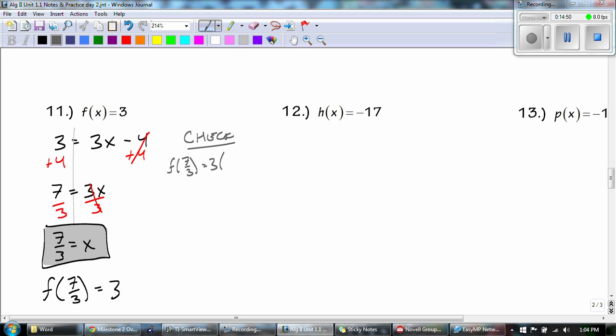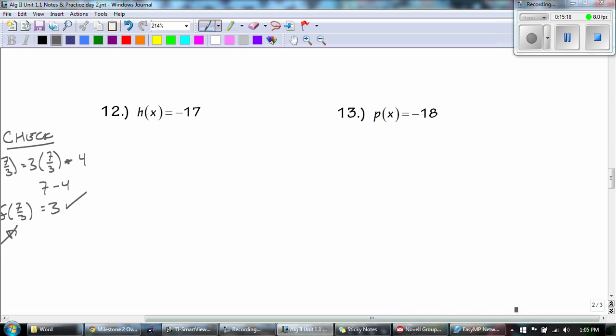So I get 3 times 7/3 minus 4. 3 times 7 is 21. 21 divided by 3 is 7. And 7 minus 4 equals 3. So f of 7/3 equals 3, which is the same thing that we got right there. So this proves that we did it right.